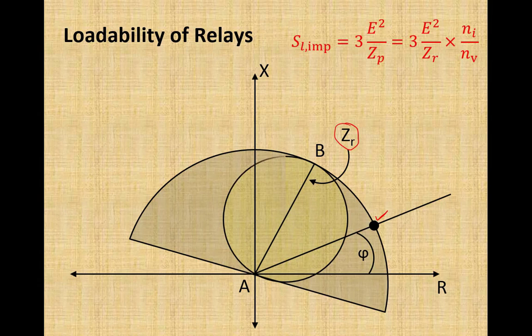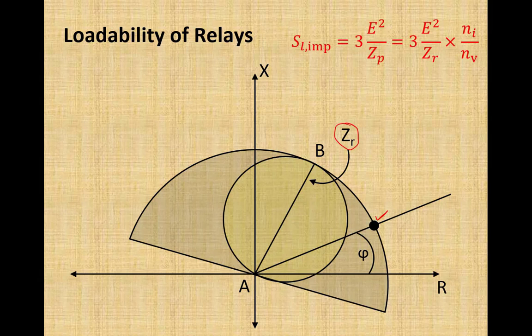Next we see the characteristics of the admittance relay, which is a circle passing through the origin of the RX plane, and the reach of the circle, meaning the diameter of this circle, which is the reach of the relay, is the same as the reach of the previous directional impedance relay.